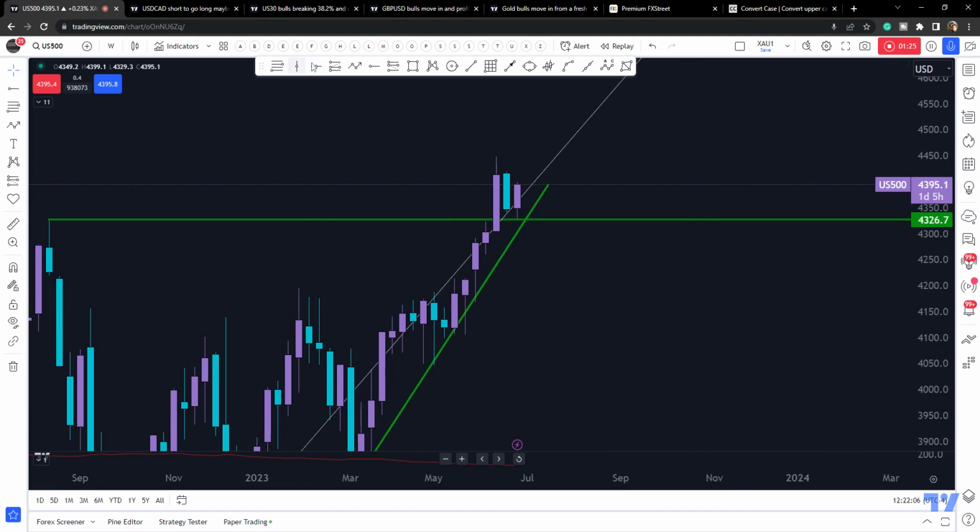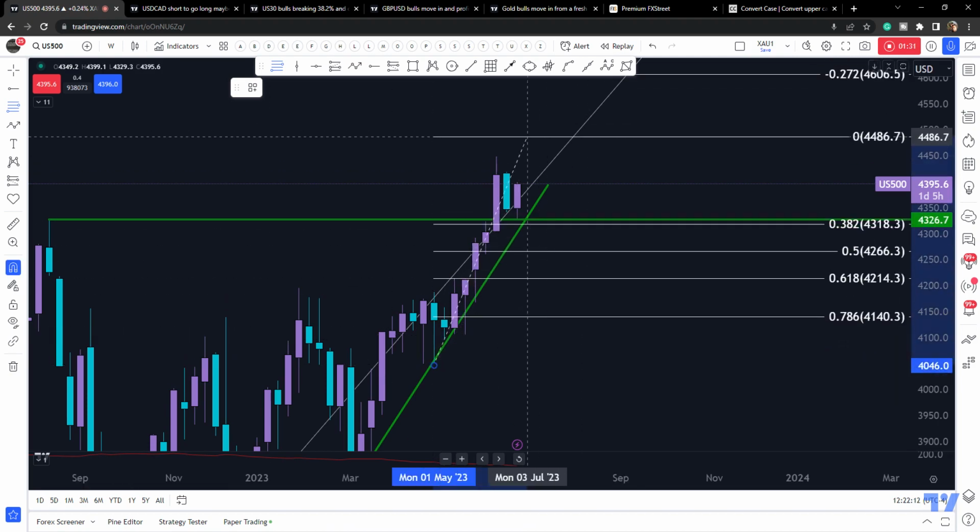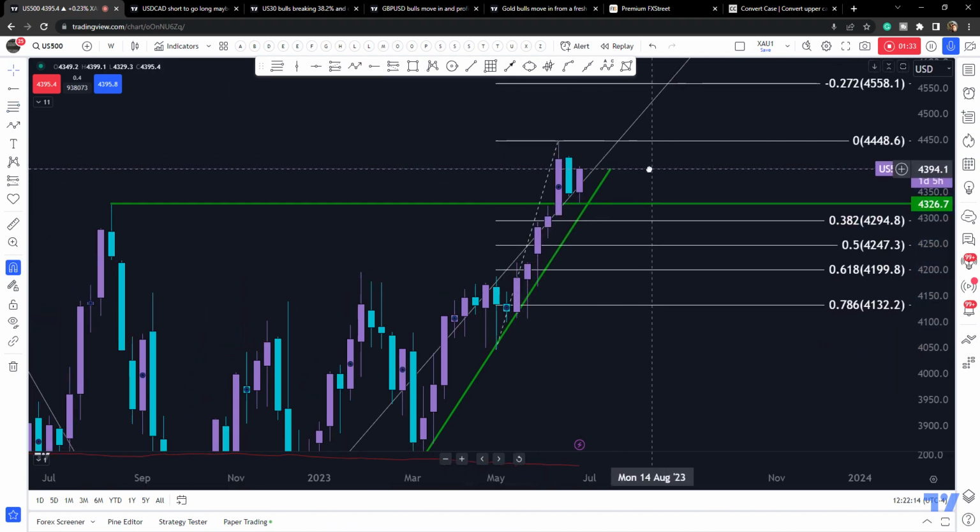In that regard, then, we can measure the impulse with our Fibonacci tool and expect the market to correct to at least a 38.2 retracement, or it could come in even deeper. I mean, we don't know.